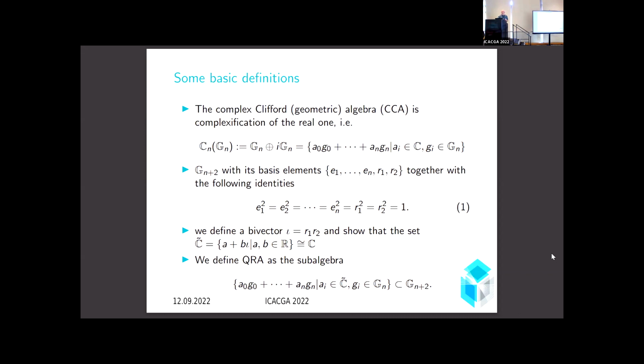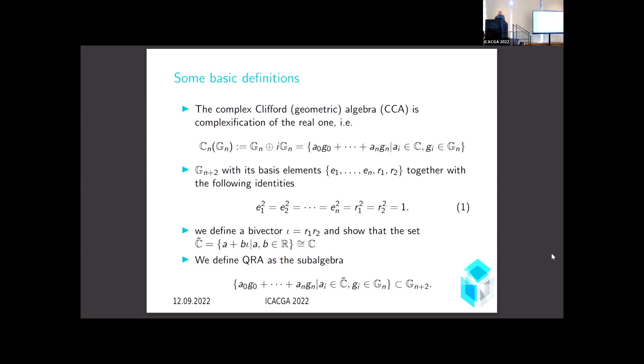In our specific case, we choose the geometric algebra Gn. So we have n generators which square to identity. And then we have to simulate the multiplication by the complex unit. The complex numbers are the same as even elements in G2.